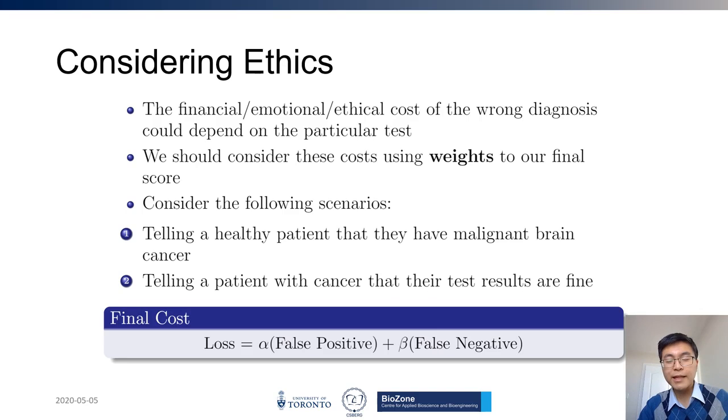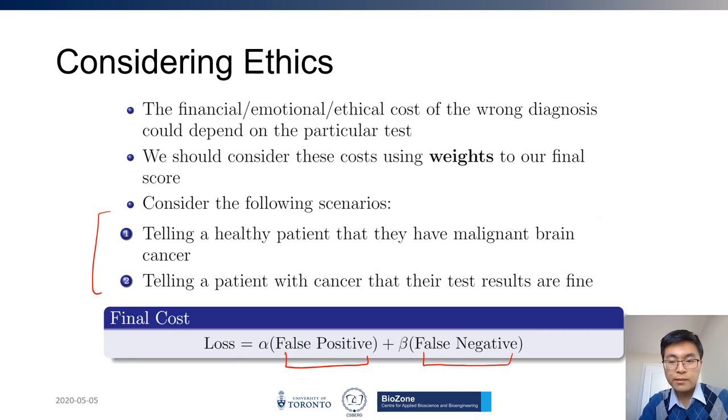How can we bring ethics into evaluating model performance? Well, in many situations, the cost of a false positive will be different than the cost of a false negative. So consider the following scenario, where case 1 is telling a patient that they have malignant brain cancer when they're actually healthy, and case 2 is telling a patient that has cancer that their test results are fine.